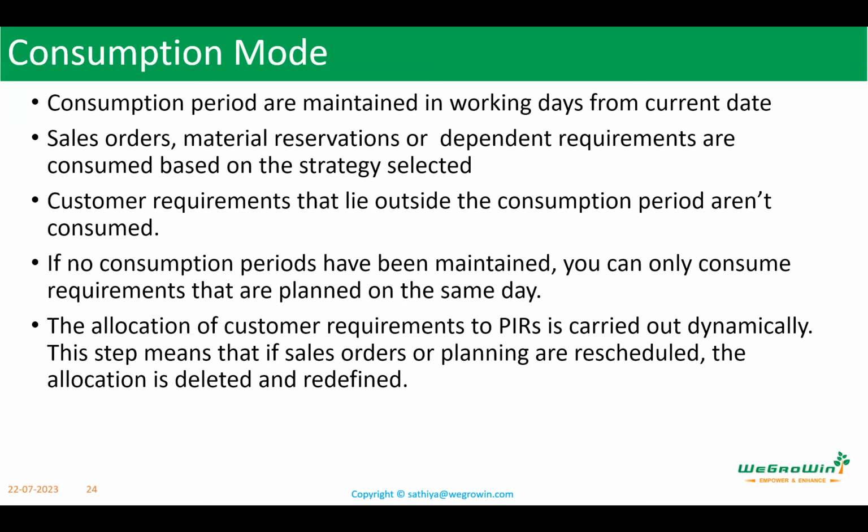Now, many companies, if you go to the consumption mode, they keep 999, backward as 999, forward as 999. This means they do not know how to use this function.